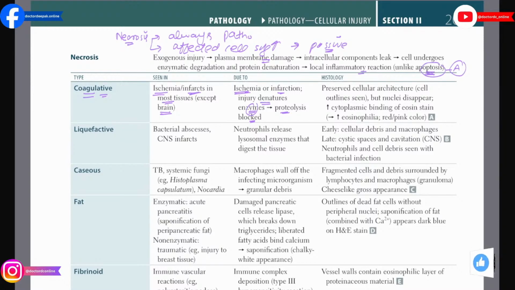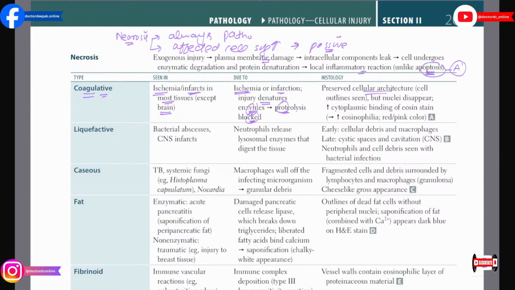They can ask how in coagulative necrosis the cell architecture is preserved. It is because in coagulative necrosis, the enzymes are denatured. When the enzymes are denatured, the proteolysis is blocked. And when the proteolysis is blocked, it means cell architecture, cell structure, cell shape is preserved.